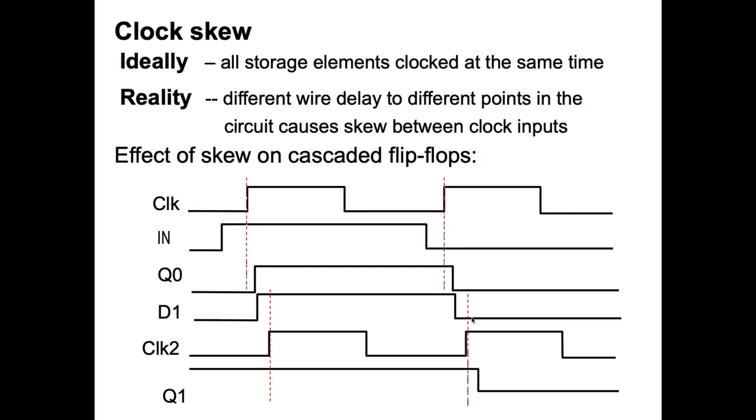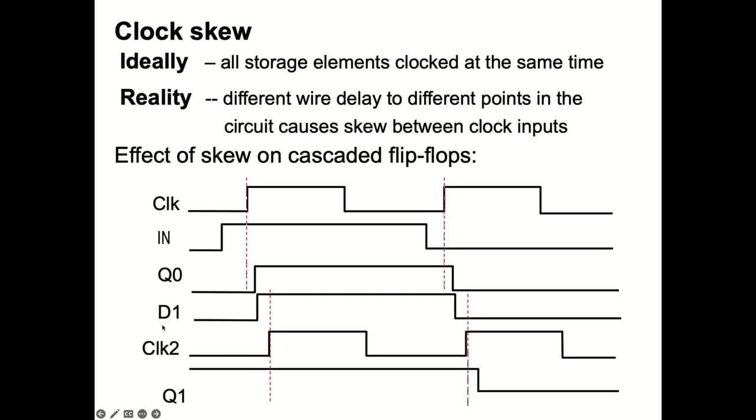Every clock cycle has two edges. So a lot of effort is put into designing the distribution of the clock and making sure that it arrives at every flip-flop at about the same time. But we can't guarantee that. There's no way we can make sure it arrives everywhere at exactly the same time, but we try to minimize the discrepancy called the skew.